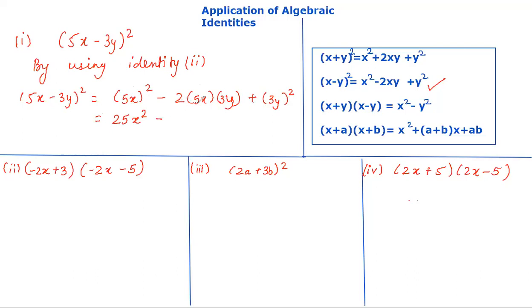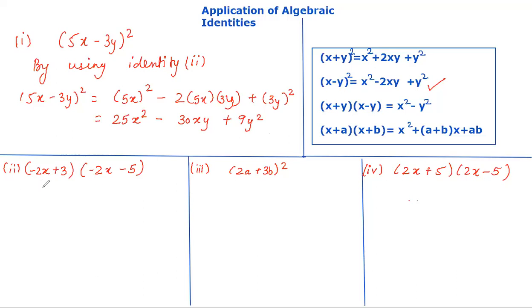This would be 2 5s are 10, 10 3s are 30xy, plus 3 square is 9 and y square is y square. So you can see that in two steps we got the answer, right? Instead of finding the product by multiplication term by term, if we know the identity, we can use the identity and do it in just two steps.